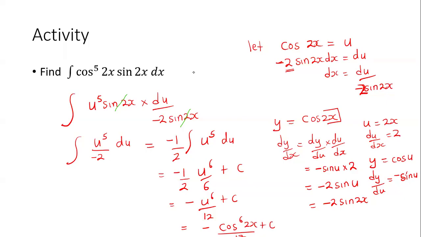So people who didn't have a negative, please check out. There was a problem somewhere, mostly when it came to differentiation. Remember, when you are differentiating cos, you get a negative sign.